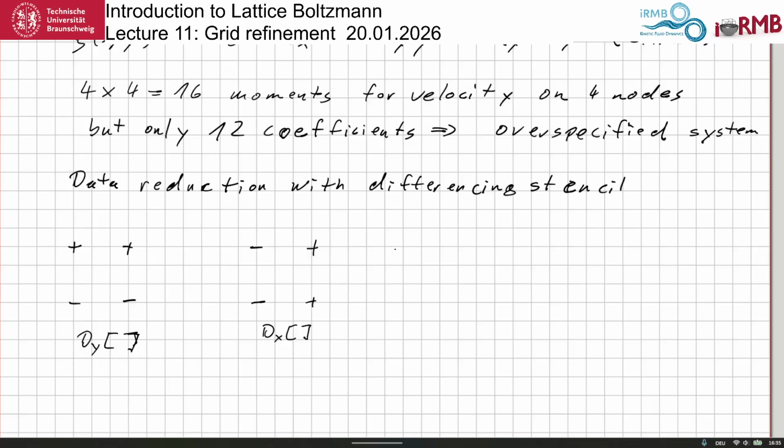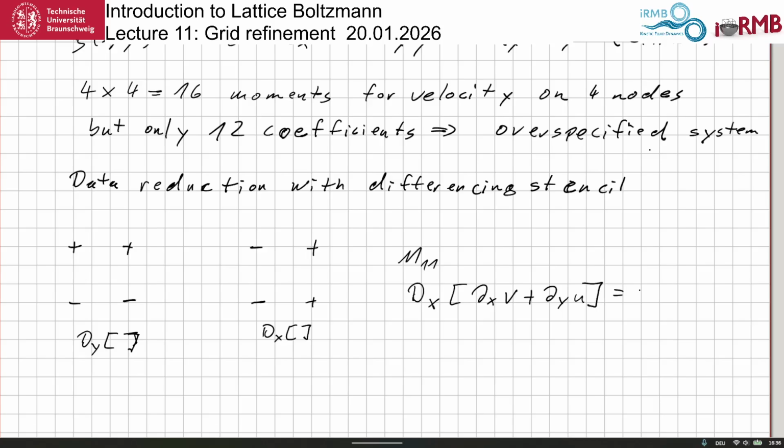So for now, what does this help us? For example, we take the derivative of m11. So we take dx of m11 because m11 contains dx v plus dy u.